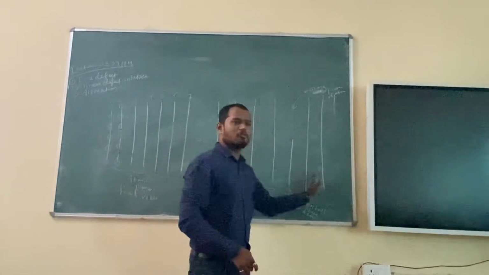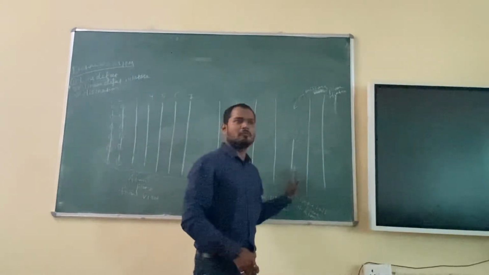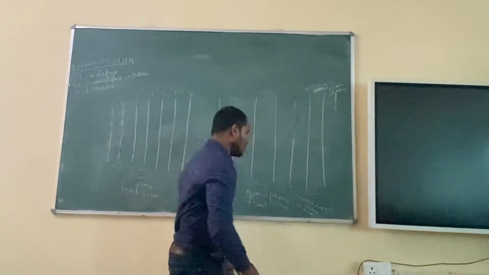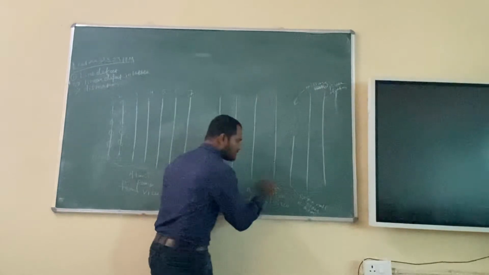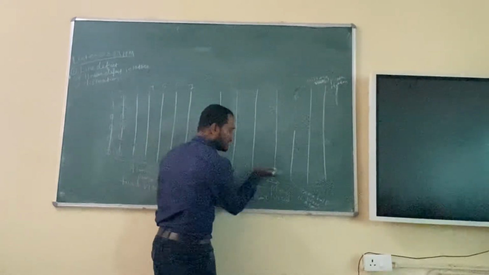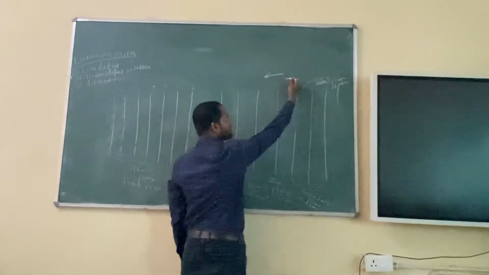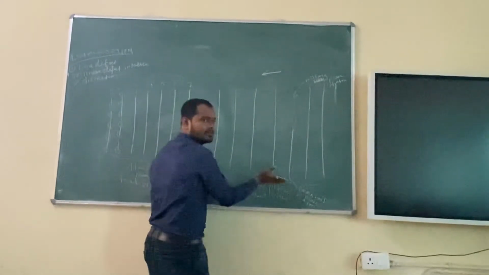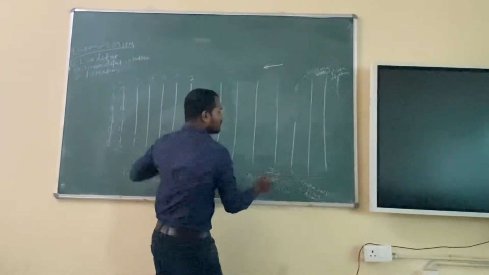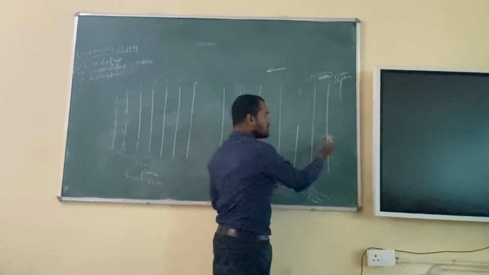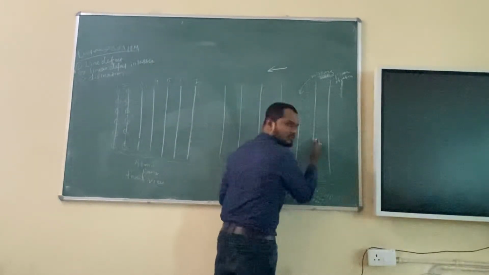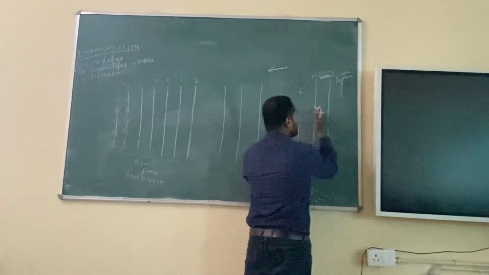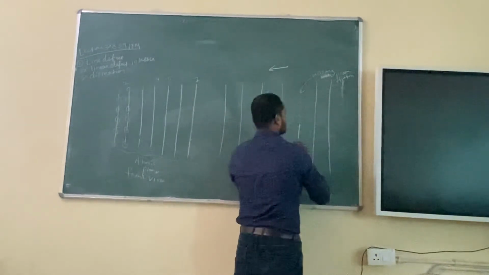Suppose it wants to move. This half plane wants to move in this direction. So how can it move? If you apply a shear stress, right? Shear stress means in this direction it will be like this, and in this direction it will be like this. Shear, right? So it wants to move in this direction. So what will happen? This will move to this one, and this part will be like this.